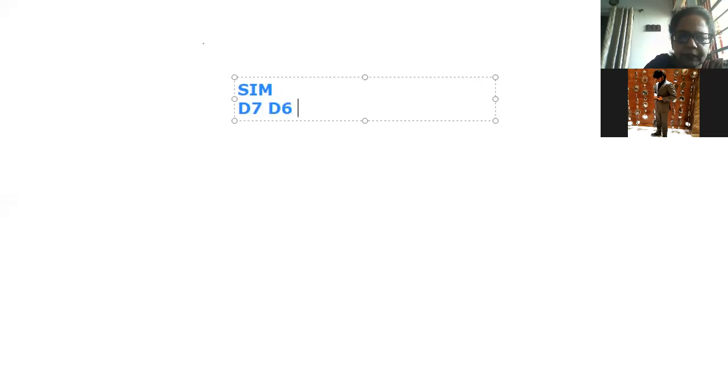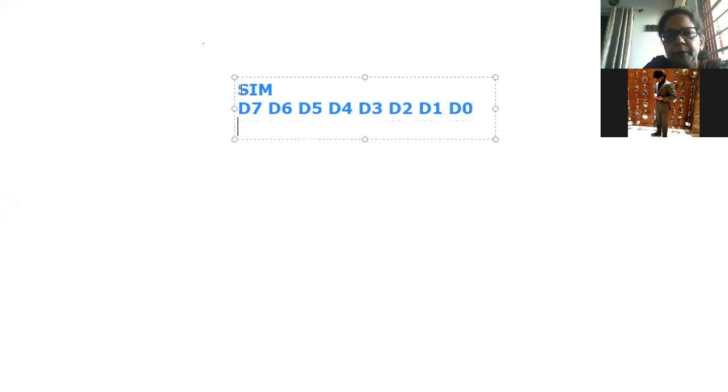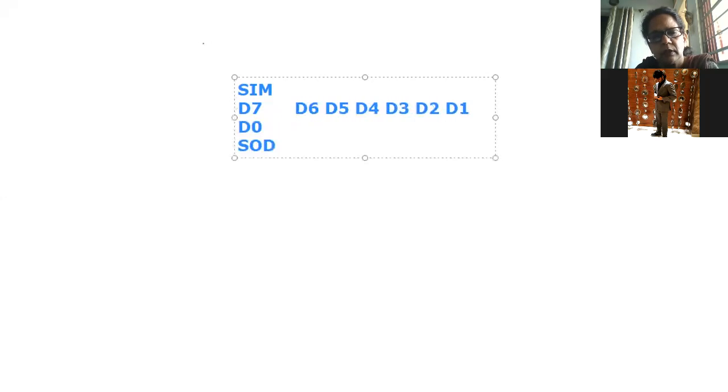So D7th bit, D6th bit, D5th bit, D4th bit, D3rd bit, D2nd bit, D1 and D0. These are the 8 bits of the accumulator. The D7th bit of the accumulator goes to the SOD pin of your 8085. Correct?